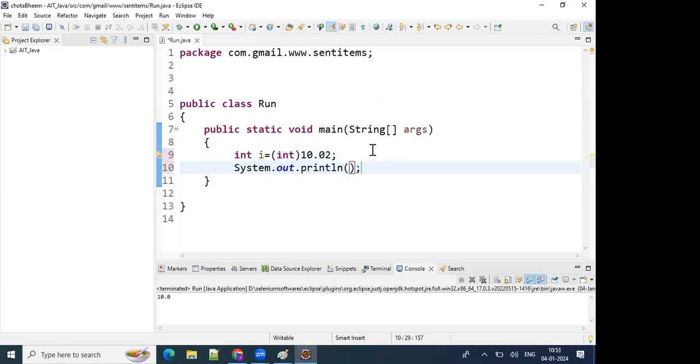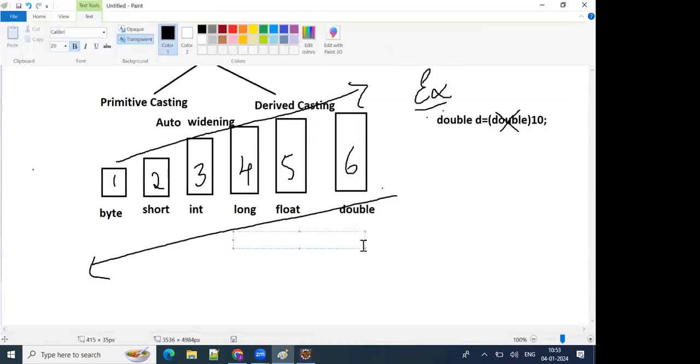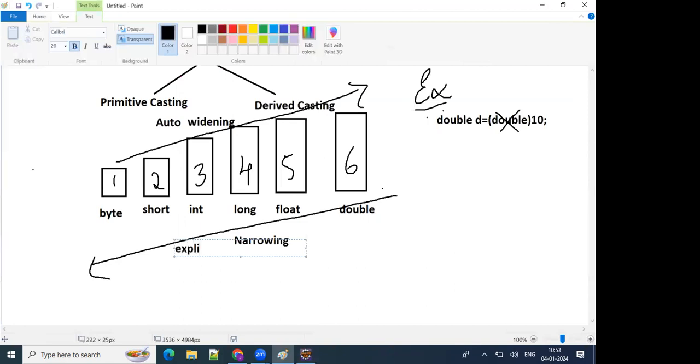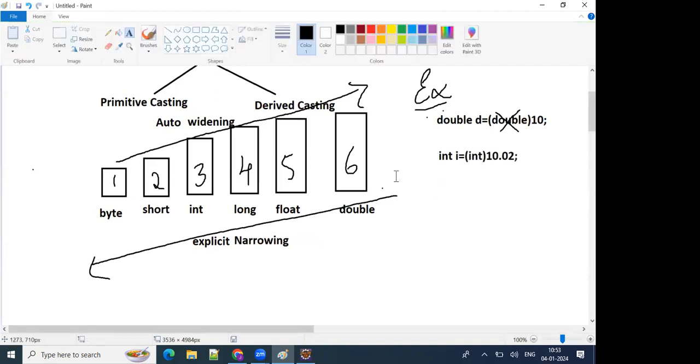In widening, conversion is not mandatory, but in narrowing, you need to explicitly convert. We say explicit narrowing. Say for example 10.02, store it in an integer i. You need a conversion, mandatorily int.